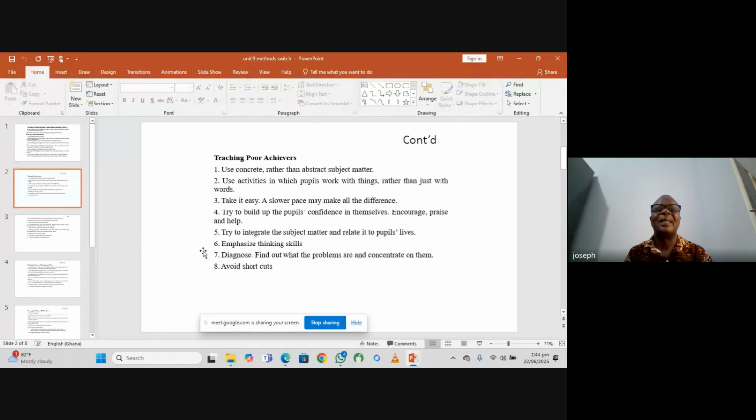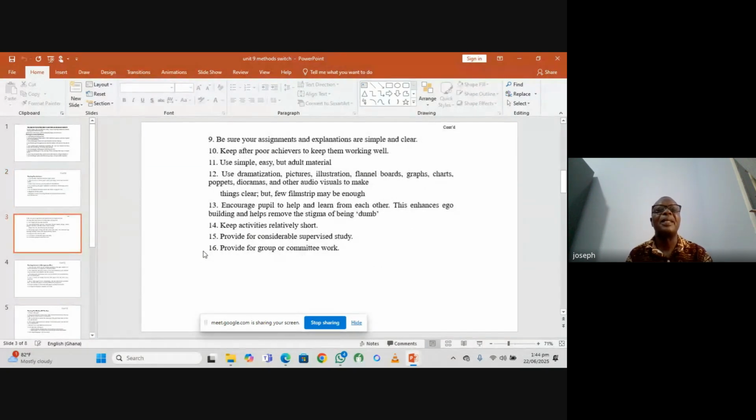Don't cut some of the formulas and then at the end say, this is the answer. Take them through all the processes to the end so that when they are following and learning, they will be picking up. Be sure your assignment and explanations are simple and clear to their understanding.